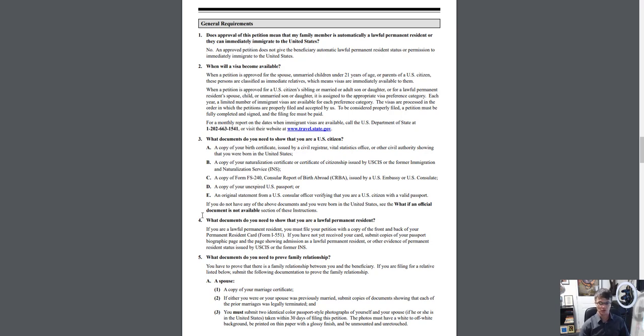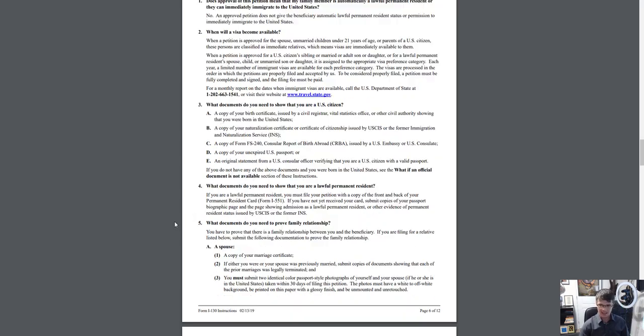A copy of your unexpired US passport. If you have got one, you can provide that. An original statement from US consular officer verifying that you are a US citizen with a valid passport. Now, if you do not have any of the above documents, and you were born in the United States, see what if an official document is not available section of these instructions.